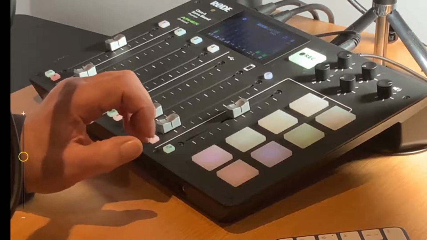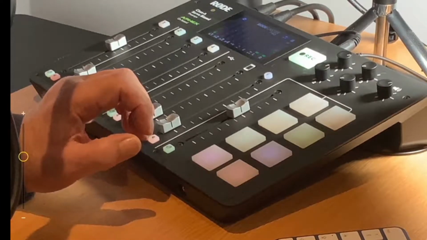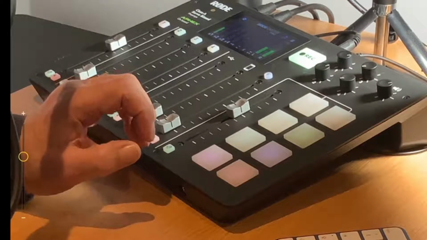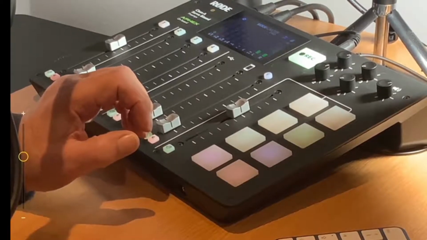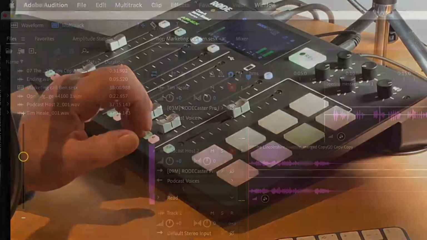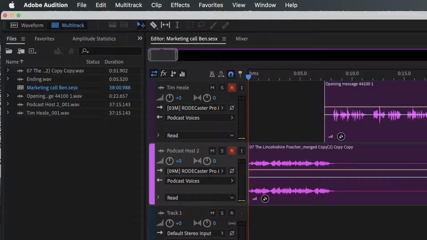So what I've got next is I normally record direct into Adobe Audition, and so Adobe Audition gives you the opportunity to take in several different sources from the Rodecaster.